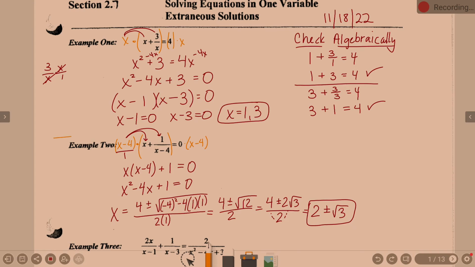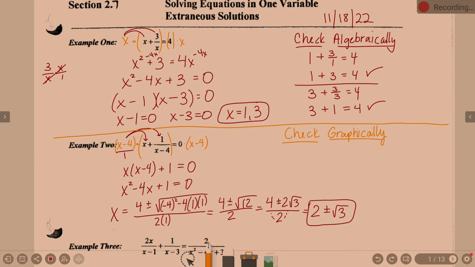check this graphically. Now, it still requires a little bit of work, but we have these handy-dandy calculators, right? Not a handy-dandy notebook, a handy-dandy calculator. So we're going to talk about how we could check this graphically. Now, as we check this graphically, where are the solutions on a graph? The x-axis, right?